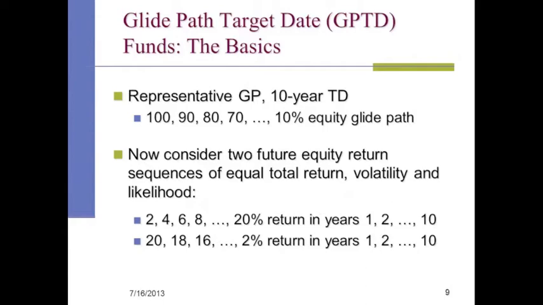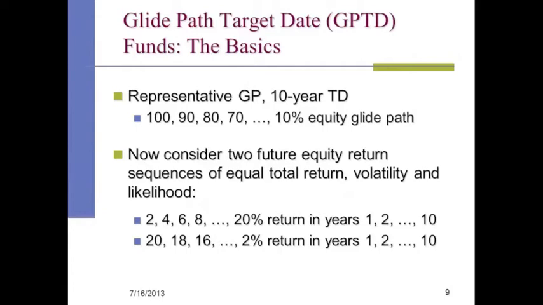So this is kind of a canonical form of a glide path. And to see what it is doing, let's look at two potential return streams over these 10 years. And these two return streams will have the same total return, the same volatility of return, the same likelihood of occurring, and they're shown at the bottom of this slide.